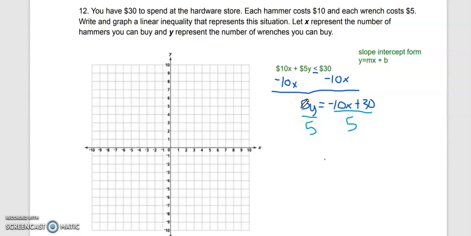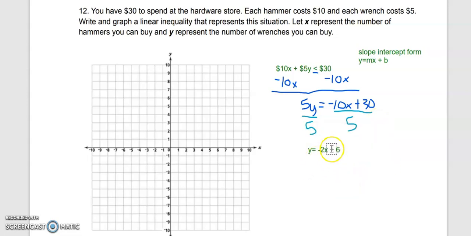I'll type it so it's a little neater. I get y is equal to negative 10 divided by 5 becomes negative 2, so I have negative 2x, and then 30 divided by 5 is 6, so plus 6.